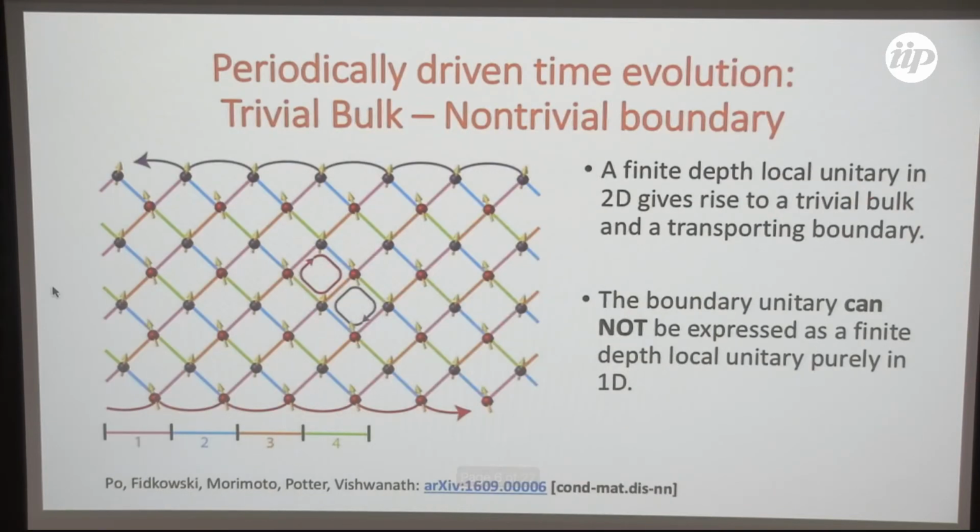Right. So this is a system that people call Floquet systems, because your time evolution is periodic, right? So you do these swaps periodically. This is a different phase than just applying identity on all spins. And these phases are classified by the transport on the boundary.